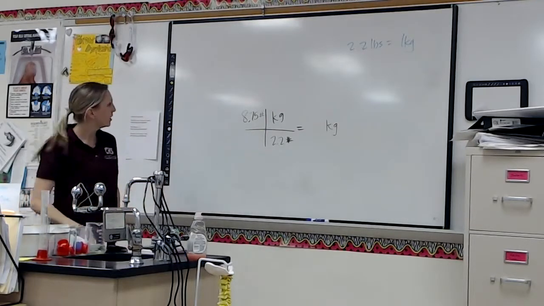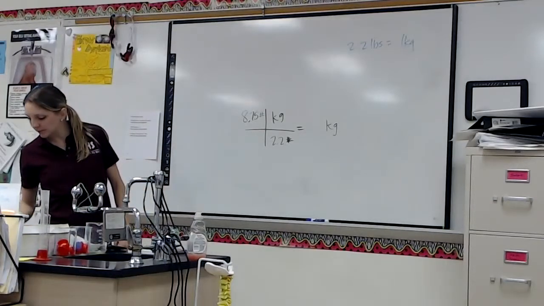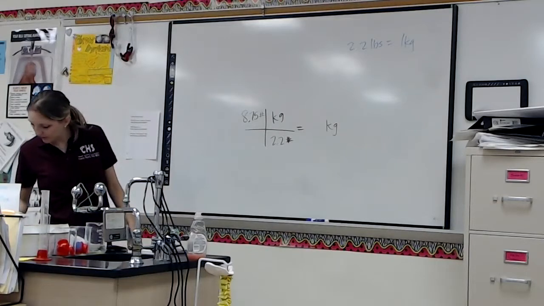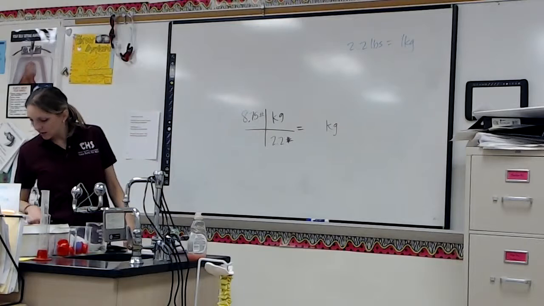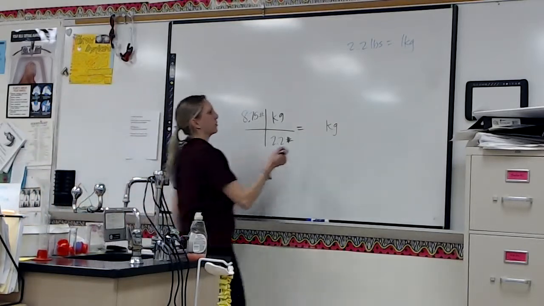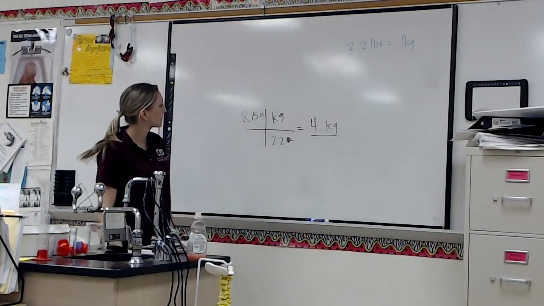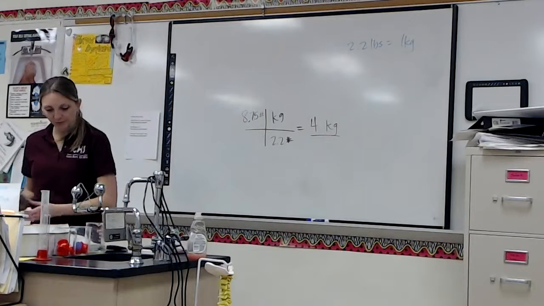So 8.75 divided by 2.2 should get 4, I believe. Yeah, 3.97. So basically, you get 4 kilograms. So that's pretty straightforward.